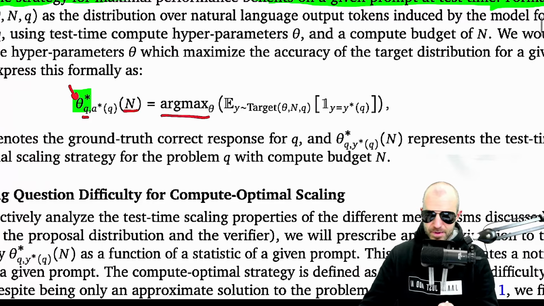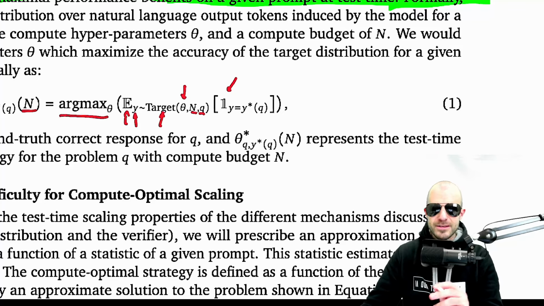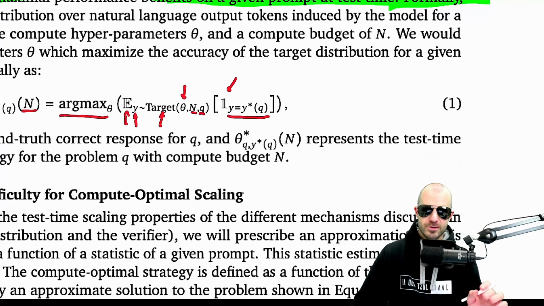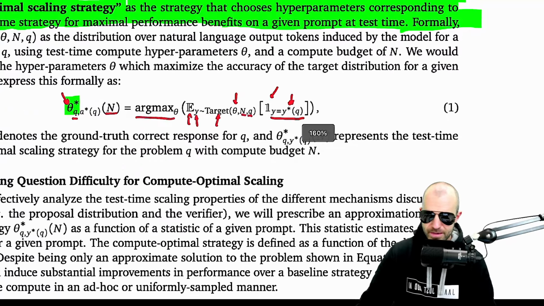This is the argmax of the expected value of sampling the output according to the distribution induced by the hyperparameters and the budget and the prompt, obviously, over whenever this indicator function holds. The indicator function holds whenever you get the correct answer, so whenever your answer is the correct answer for the given prompt.